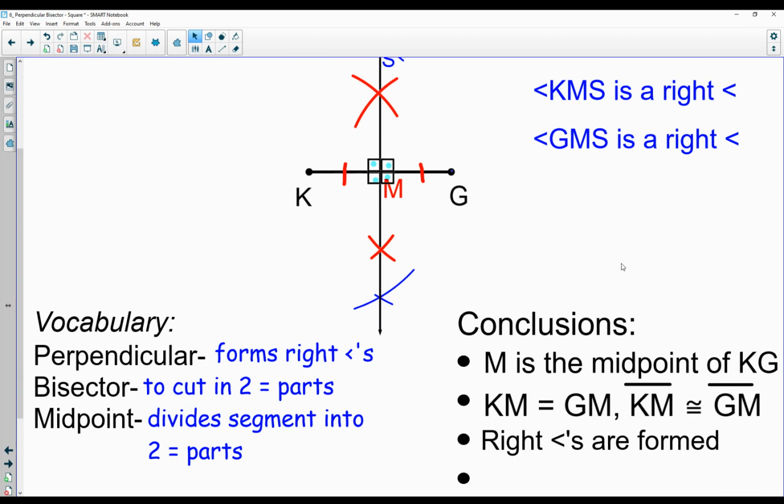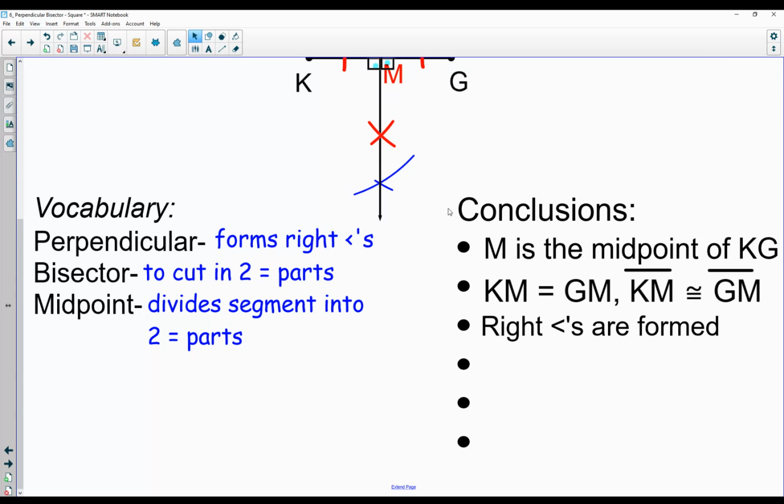Okay, so the 2 other conclusions are based off of the fact that we have a bisector. So how do I get KG? What 2 segments make up KG? That would be this segment here and this segment here. So if I add KM and I attach to the end of M, MG, I'm left with this entire segment, which is called KG.